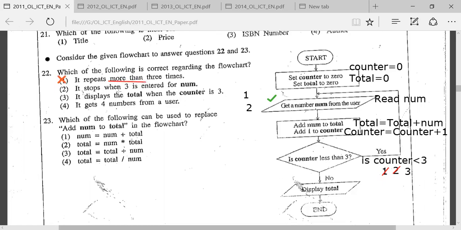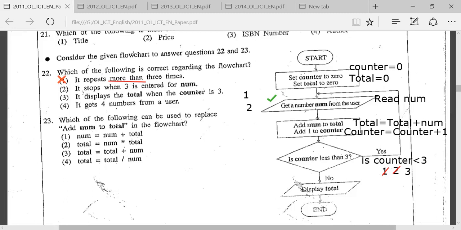It stops when 3 is entered for num. There's no relationship between the iteration and this termination of the iteration. Why? The condition is based on counter, not based on num, right? Here, the iteration is depending on counter, not on num.